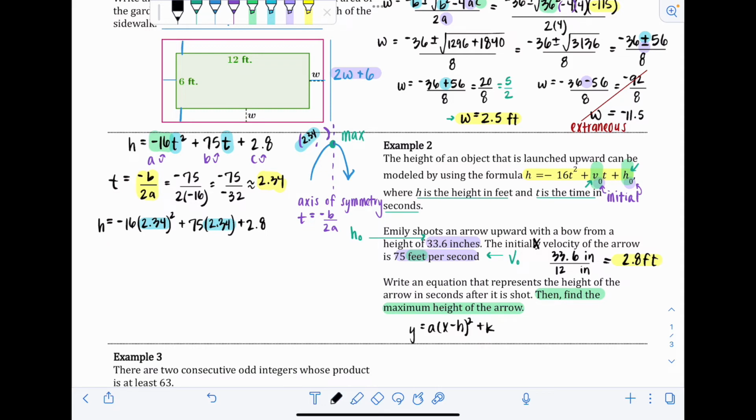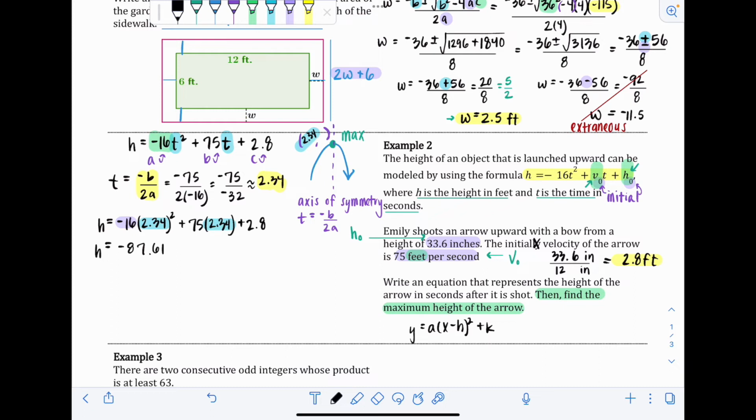So we'll do 2.34 squared. It's 5.4756. I'm just going to multiply it by the negative 16 while I have it in my calculator. So times negative 16. Altogether, it'd be negative 87.61-ish if you round to two decimal places.